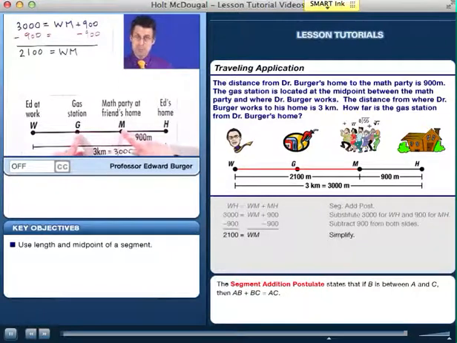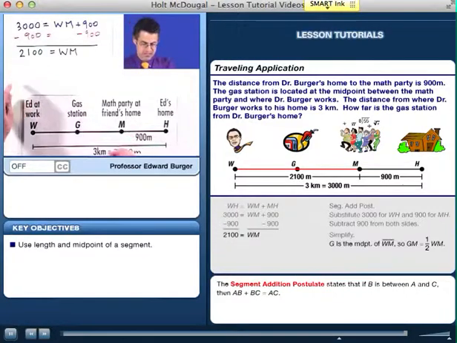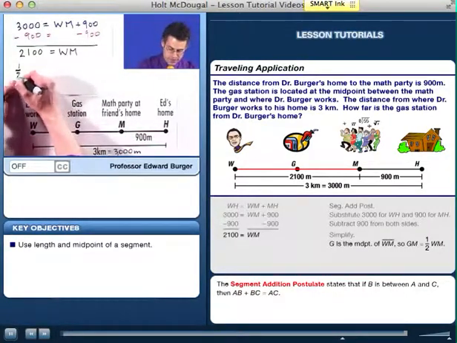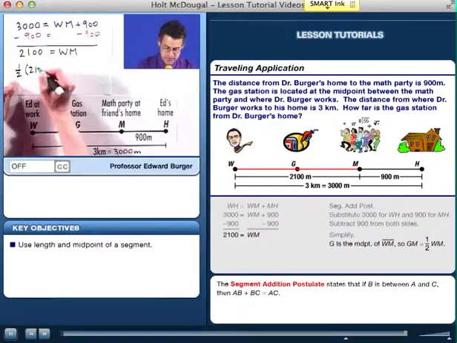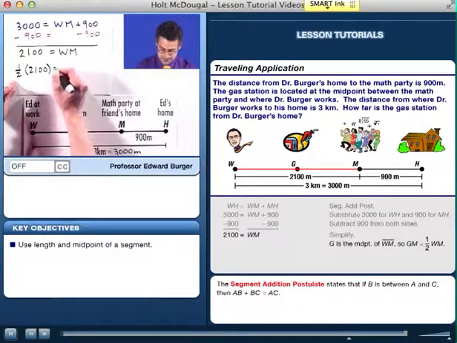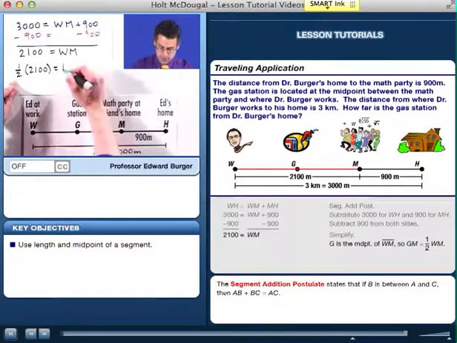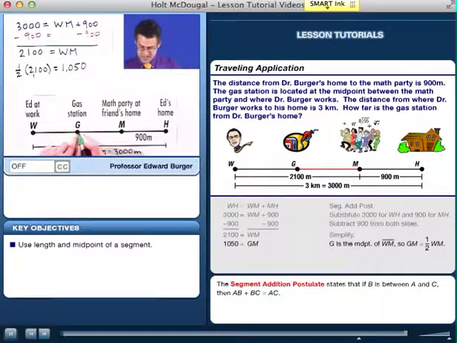This point is the midpoint, which means that this length is actually half of this number. And so what's half of, or half times, 2,100? Well, that's going to equal 1,050. So this length right here is 1,050.